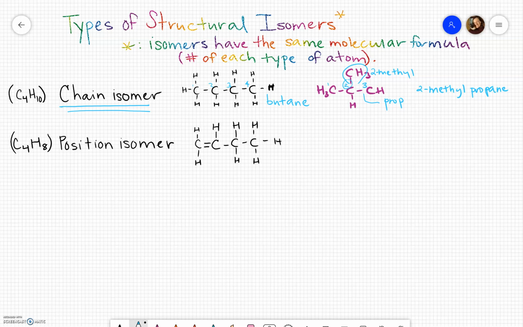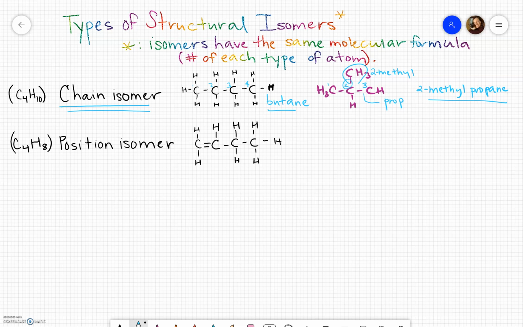So again, chain isomers, I've just rearranged the way that I have my carbons and hydrogens in the main chain. And so I end up naming them differently. And even though they have the same weight and the same total number of each kind of element, they're going to behave differently.